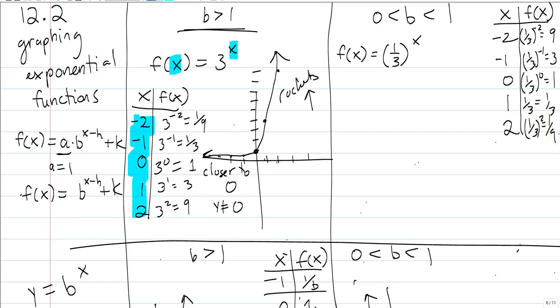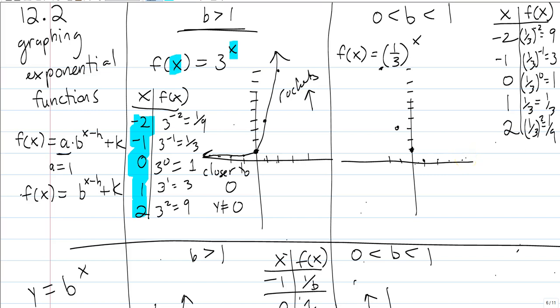So what happens when that base is between 0 and 1, when it's a smaller base? Well, as we go to the left, negative 1 gives us 3. Negative 2 gives us 9. 0 still gives me 1. 1 gives me 1/3. 2 gives me 1/9. Then 1/27, 1/81.